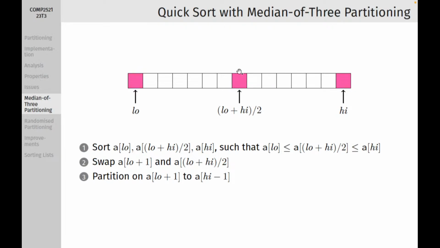So we swap this element with index low plus 1, and then we perform partitioning between index low plus 1 and high minus 1. When we partition, we don't need to include index low and index high, because we already know that index low is less than the pivot, whereas index high is greater than the pivot because of the first step. We sorted the 3 elements and then we picked the middle one.